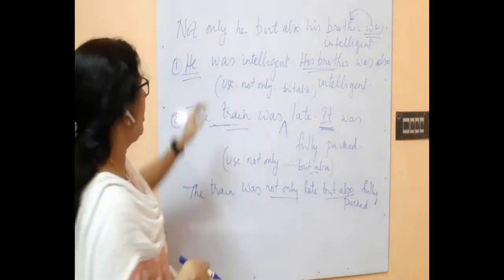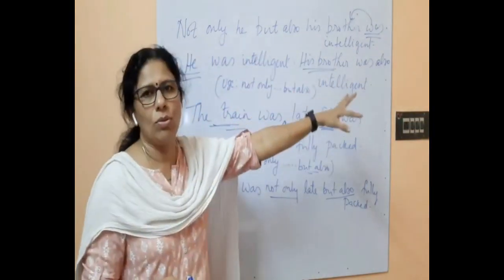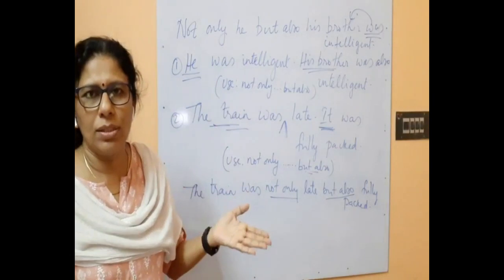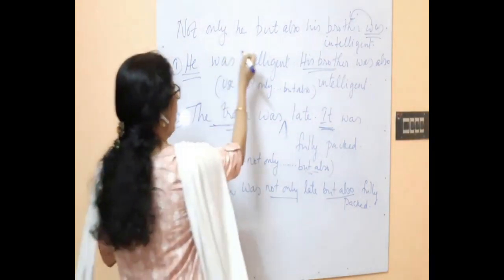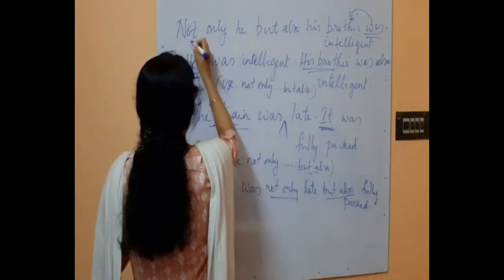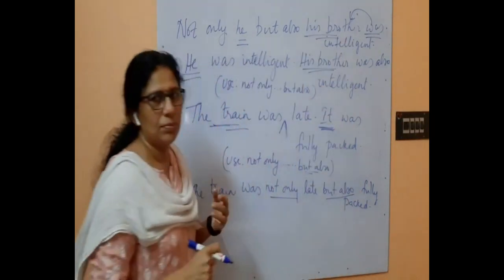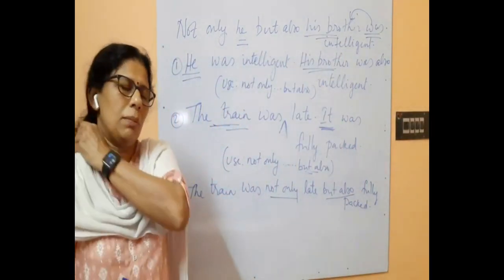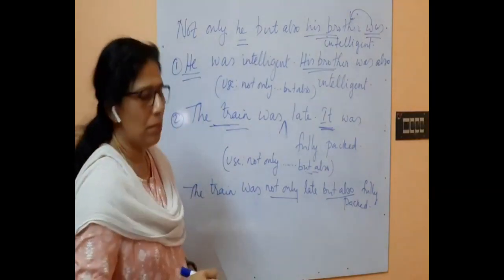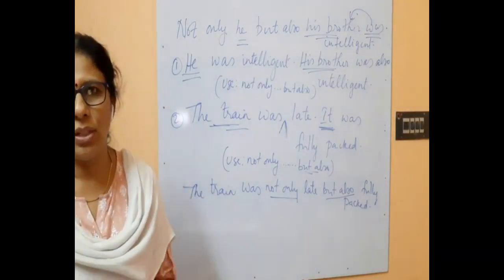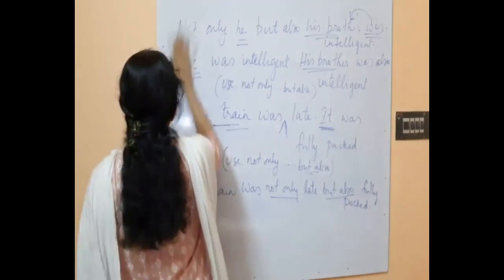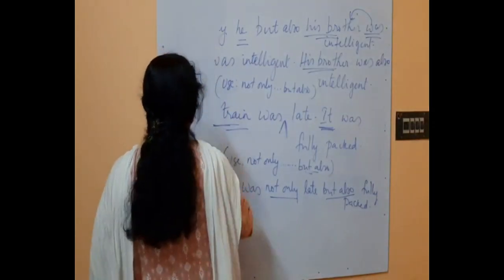Don't ever try to write that. As both the subjects are different, you have to mention it in the beginning itself. Not only he but also his brother. It's not only he but also his brother was intelligent. Okay, in such a way you have to combine using not only but also.